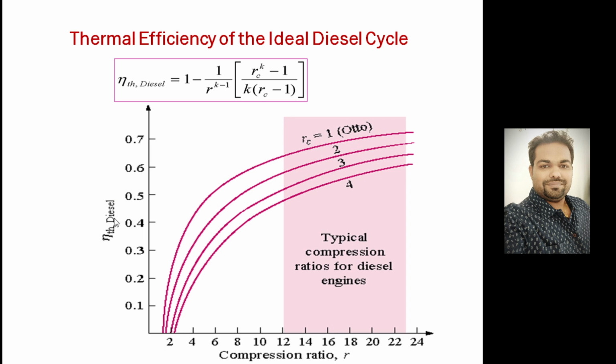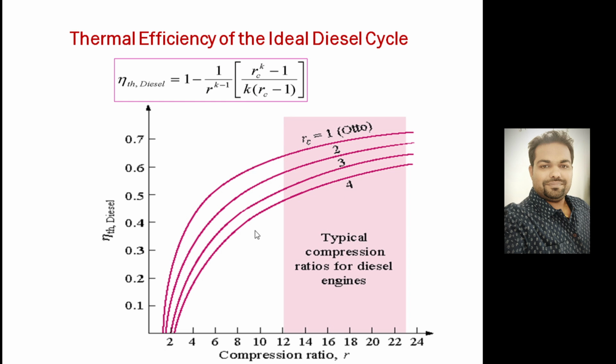So this is the diesel cycle efficiency, and this is the compression ratio. You look at the optimum range, which means where you can get the maximum efficiency, and it lies between 12 and 22. So you can go up to 22 compression ratio in the case of a diesel engine to get better efficiency. The cutoff ratio will have some value, like 2, 3, 4 in the case of a diesel engine, but the cutoff ratio will be exactly equal to 1 in the case of the Otto cycle.